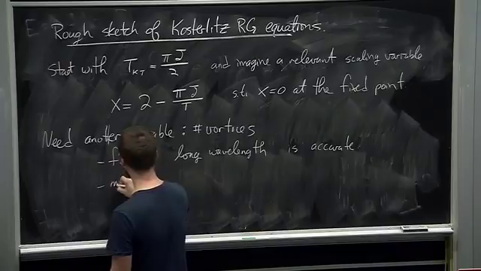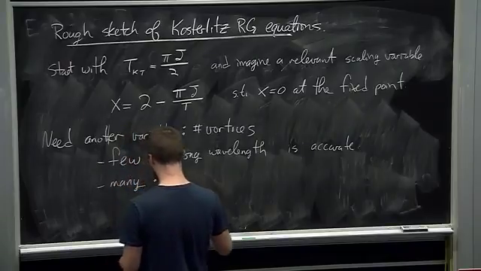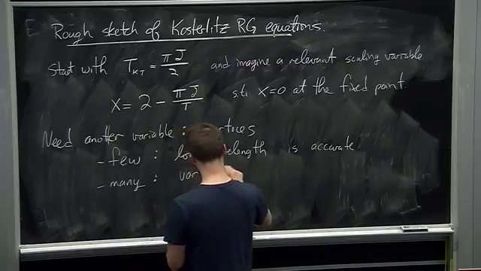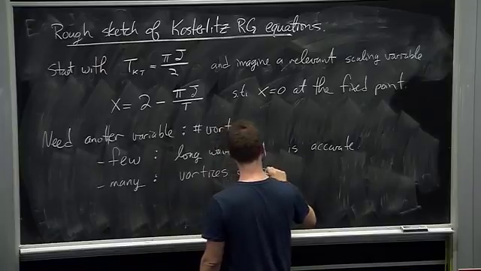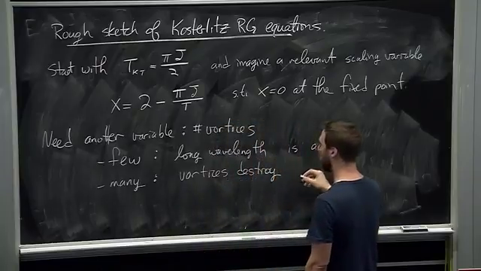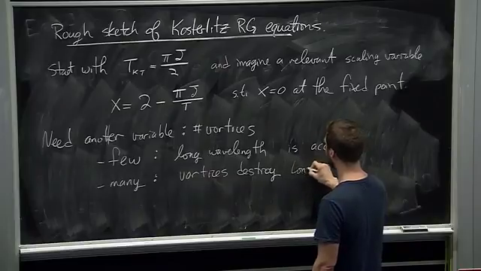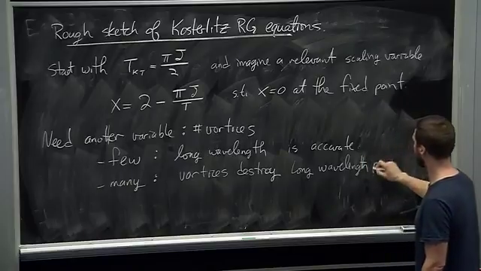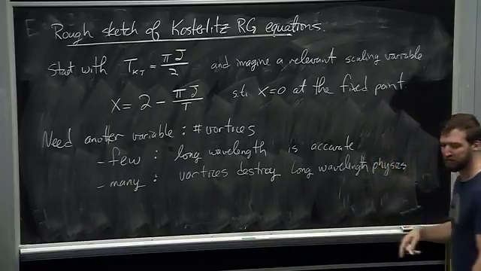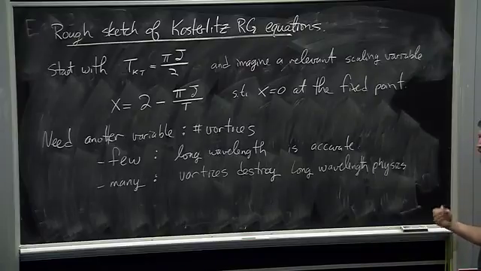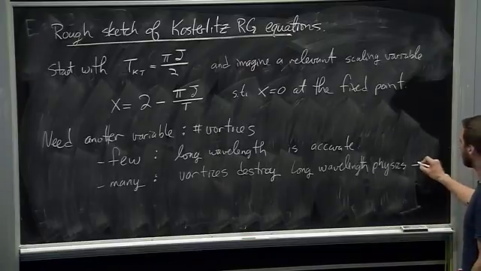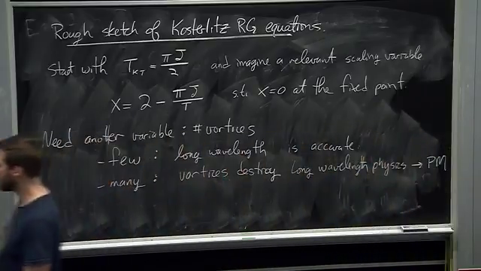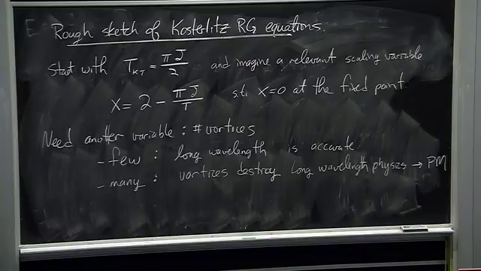And if there's many, then the vortices destroy all that long wavelength spin physics. So if under an RG step, whatever this variable is relevant, then I'm going to be flowing to the paramagnetic phase. That's what the plasma is. Paramagnet.